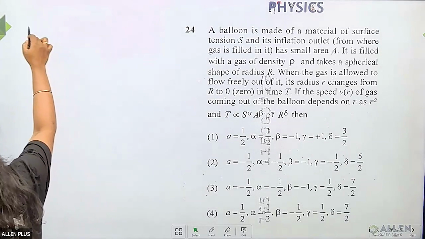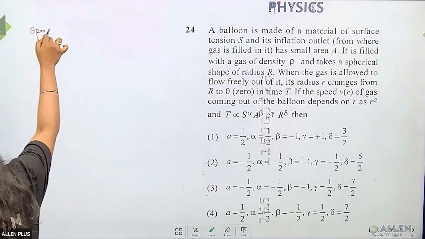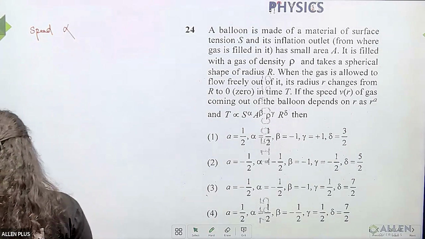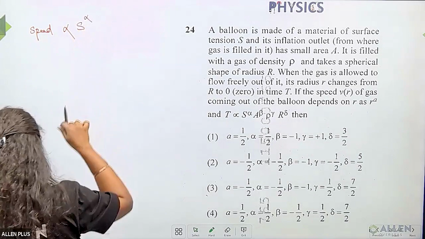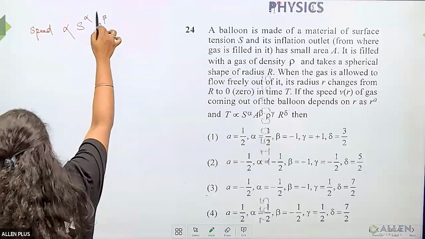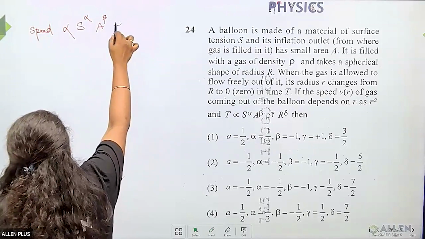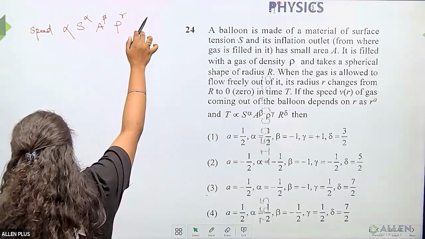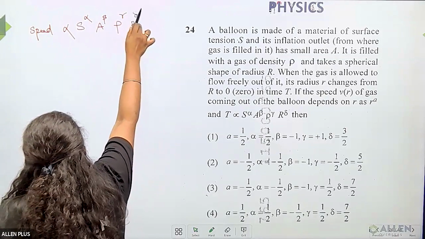The value of speed is proportional to surface tension to the power alpha, area to the power beta, density to the power gamma, and the value of r to the power delta.